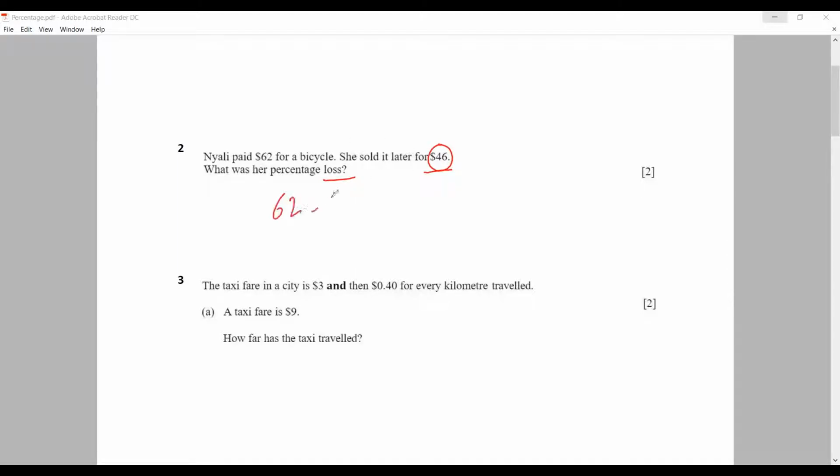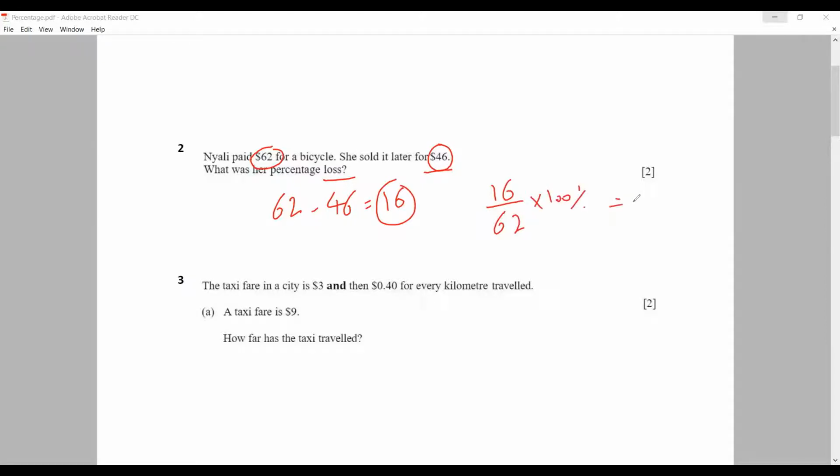So 62 minus 46 gives us 16. That's how much she lost. And then you form a fraction with 16 and the original price of the bicycle. So that would be 16 over 62 times 100%.